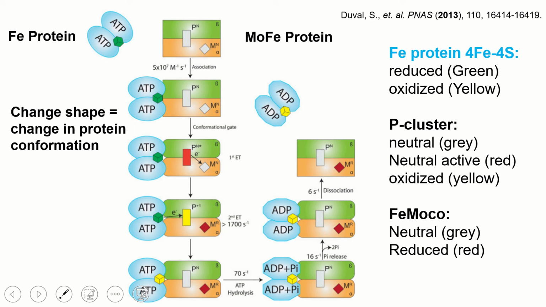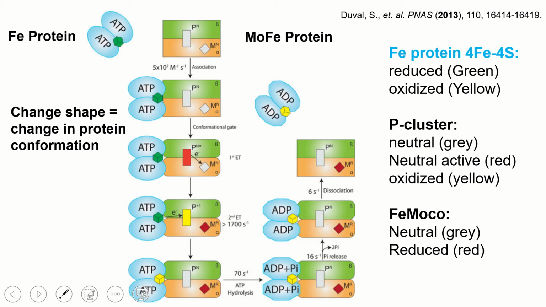We're going to look at several steps of this pathway, and I just want to note that if you see a change in shape in the depictions, for instance, at some point the rectangles change to more rounded rectangles, that indicates a change in the protein conformation, or in other words, the protein shape.